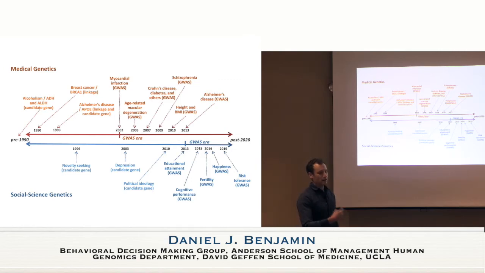That was the kind of hypothesis that underlay the candidate gene studies in social science genetics. And you can see that the first GWAS was the GWAS of educational attainment, EA1, published in 2013. So there was a long period of about 10 years when medical genetics was increasingly moving toward GWAS or had fully switched to GWAS, while social science geneticists were still doing candidate gene studies.